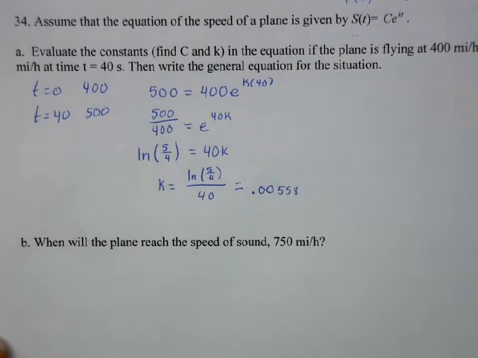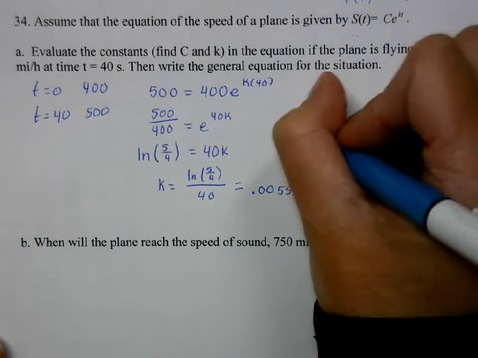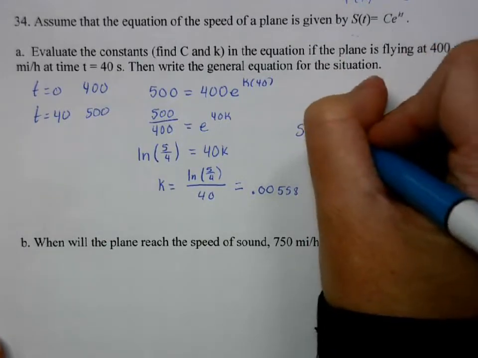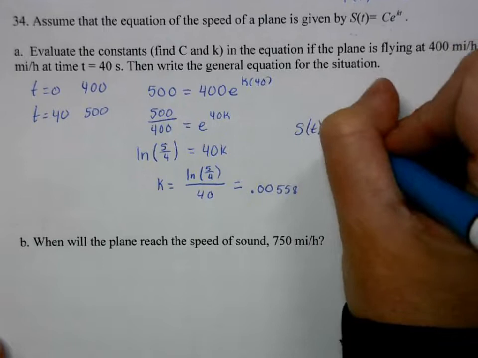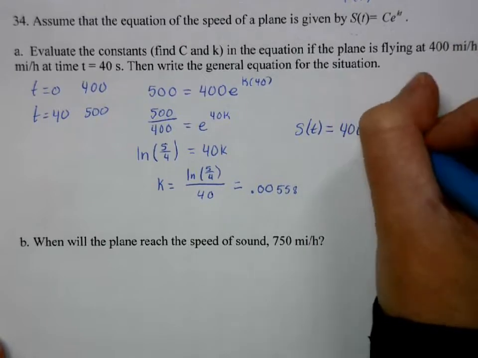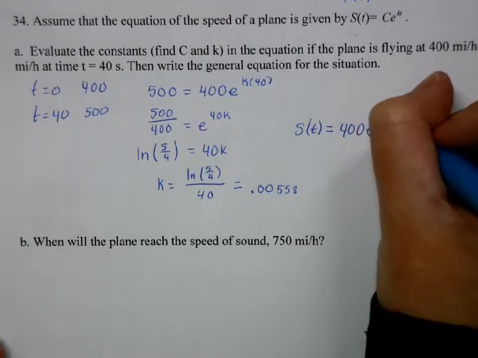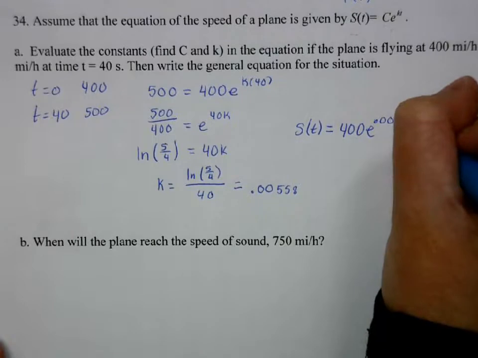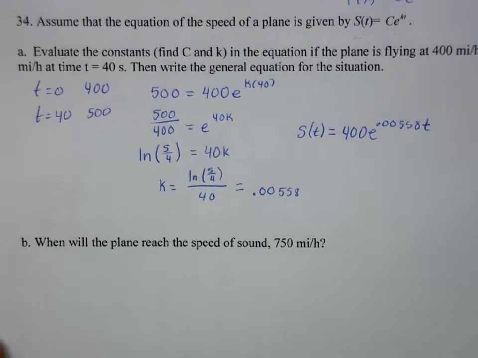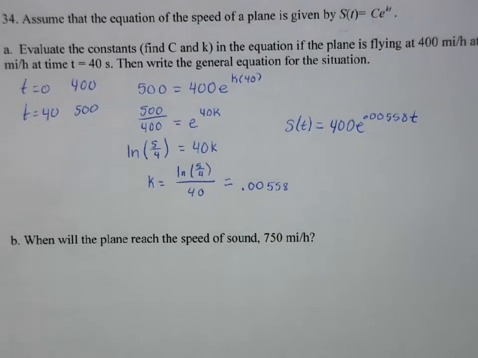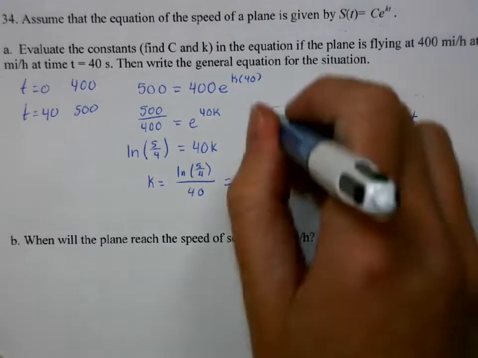So my general equation, s of t, the speed of our plane, is 400 e to the 0.00558 t. Okay, that's the answer we're looking for when asked for a general equation.